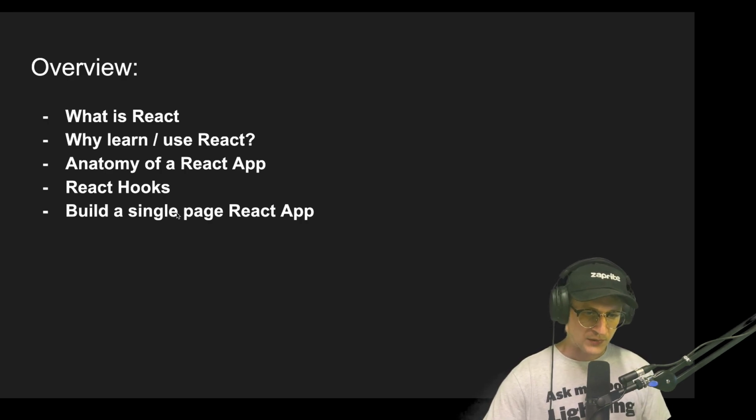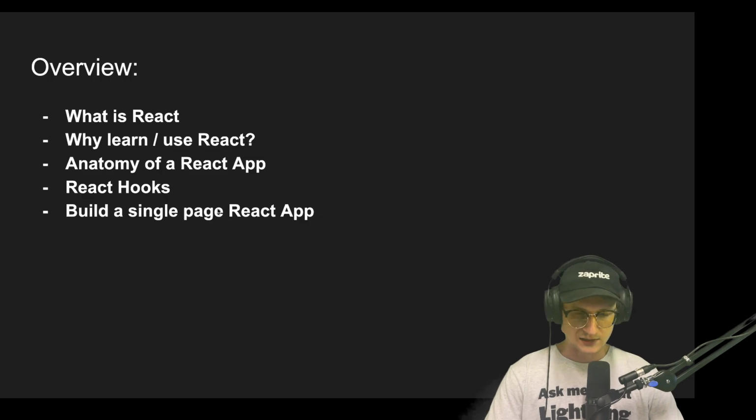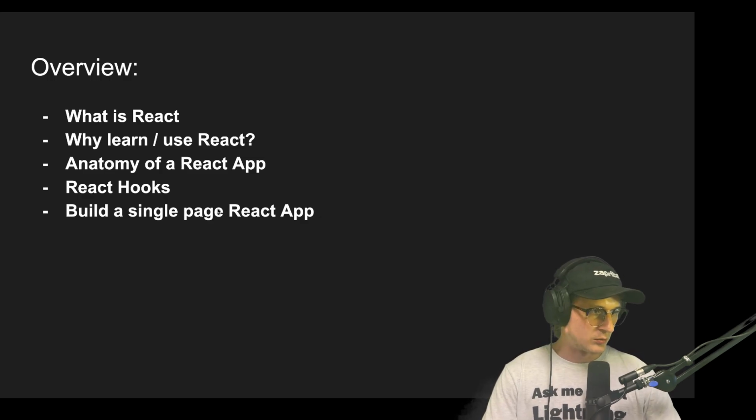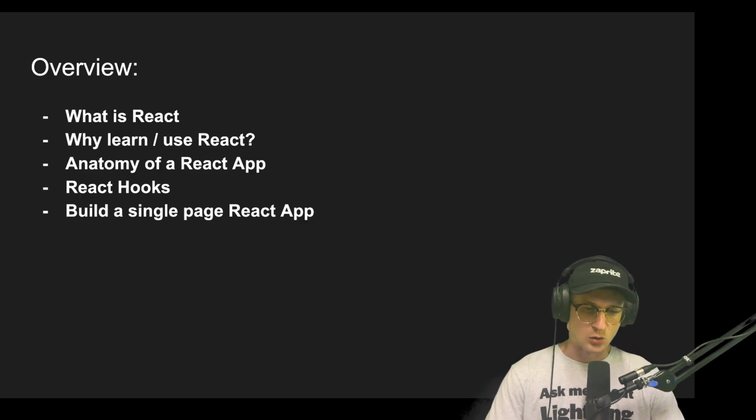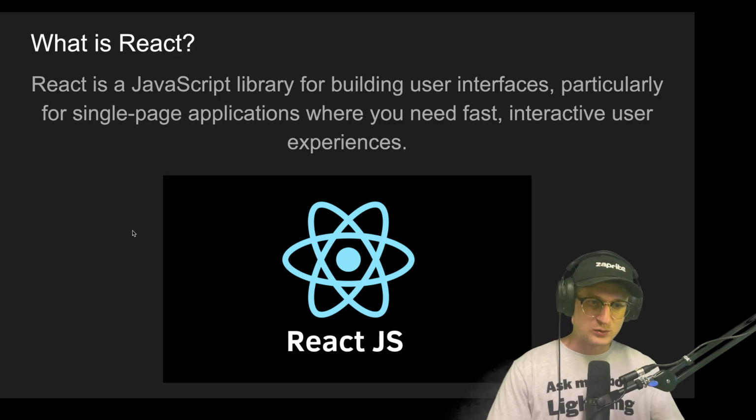It's very powerful. And we're going to use these concepts that we learned to build a single page React app. It's going to be something similar to what we've built before. We're going to show the Bitcoin price, but it's a good example to start with when you're learning something new. Cool. So from the top, what is React?